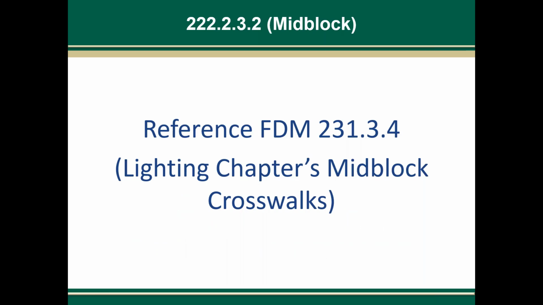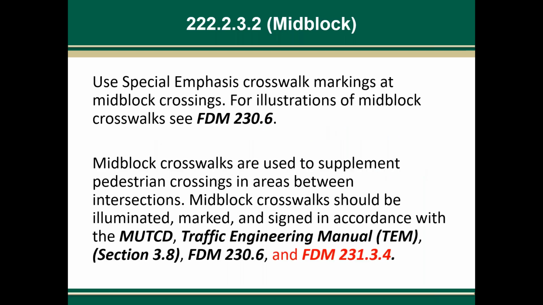In the mid-block section of this chapter, we reference FDM 231.3.4, or the lighting chapter's mid-block crosswalks. So this is an area talking about how best to do mid-block crosswalks. It says mid-block crosswalks are used to supplement pedestrian crossings in areas between intersections.